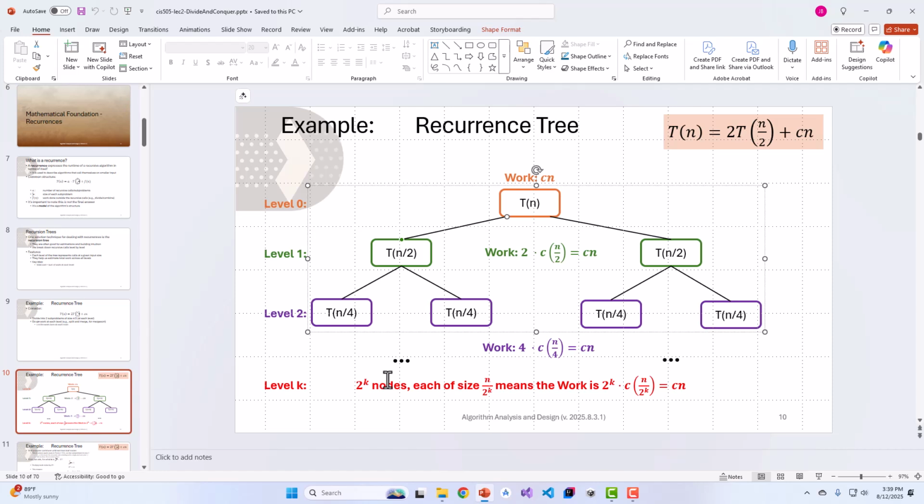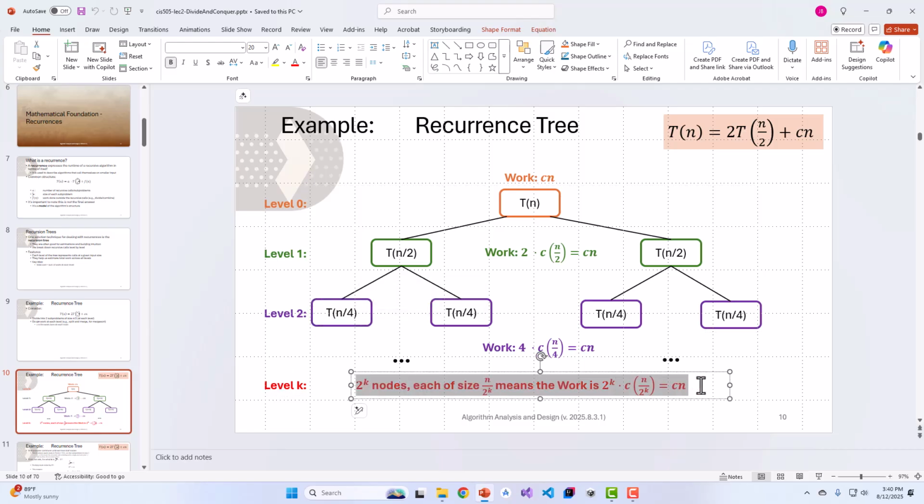So there are 2 to the k nodes at this level. Like level 2, we had 2 to the 2, if our k is 2. So 2 to the 2 is 4, which is why we have 4 nodes. And then it would be n over 2 to the k, which is n over 2 to the power 2, which is n over 4, which is why we ended up with that. But as a general solution, it's this.